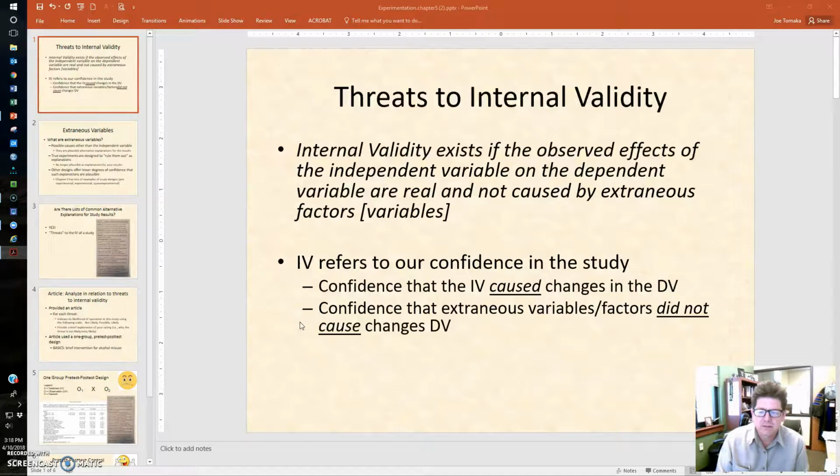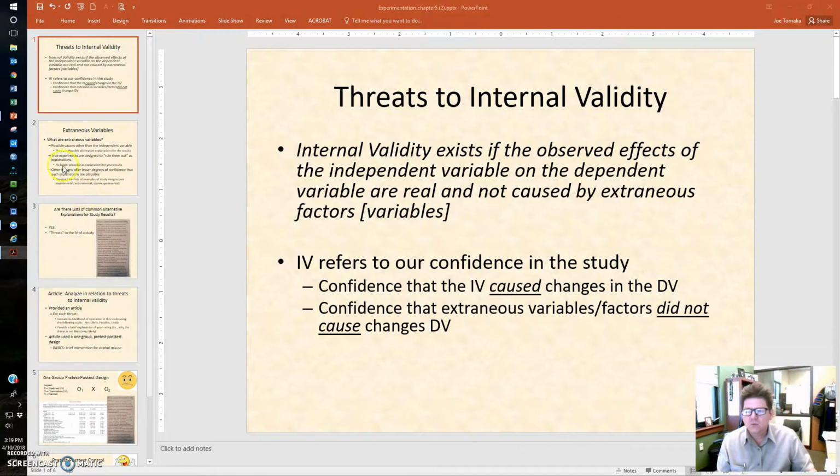Another way of thinking about this is that internal validity refers to our confidence in the study, specifically our confidence that the IV, the independent variable, caused the changes in the dependent variable or the outcome variable, and conversely our confidence that the extraneous variables or extraneous factors did not cause changes in the DV.